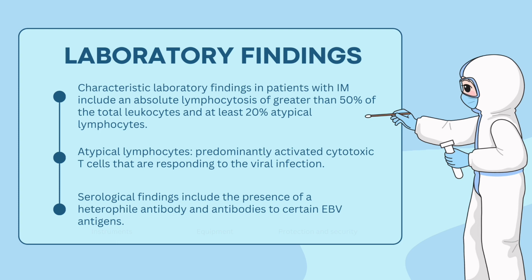So characteristic laboratory findings in patients with IM include an absolute lymphocytosis of greater than 50% of the total leukocytes and at least 20% atypical lymphocytes. The atypical lymphocytes are predominantly activated cytotoxic T cells that are responding to the viral infection. So yung serologic findings include the presence of a heterophile antibody and antibodies to certain EBV antigens.